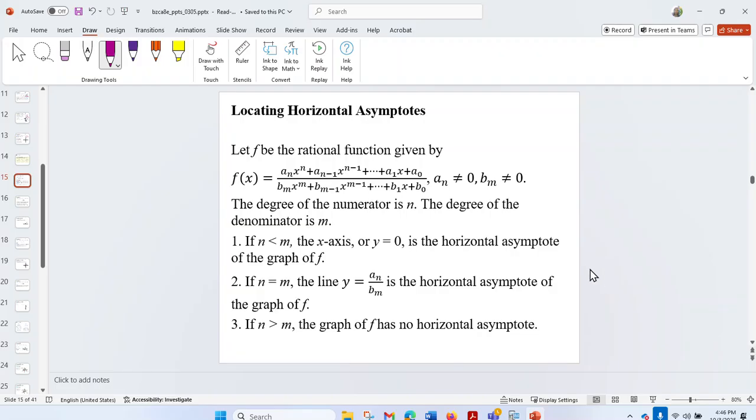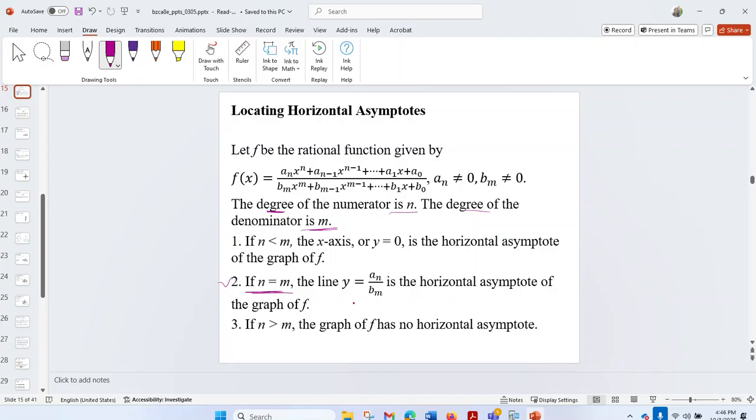Okay, so how do we find a horizontal asymptote? We usually just compare the degree of the numerator and the degree of the denominator. I like the second case in here. If the numerator and denominator have the same degree, we just use y equal to the ratio of the coefficients, a sub n over b sub n.